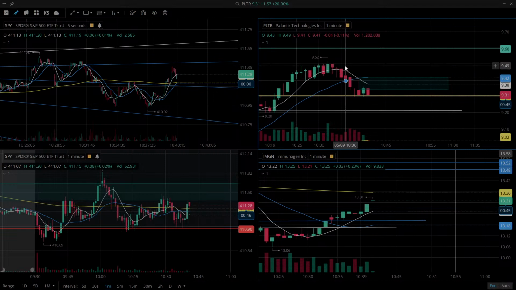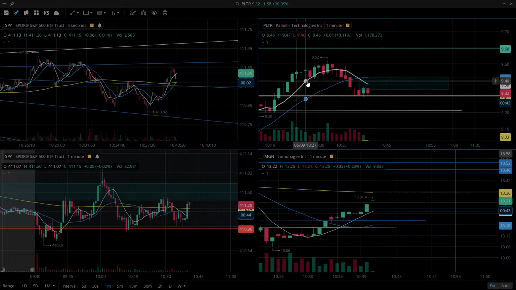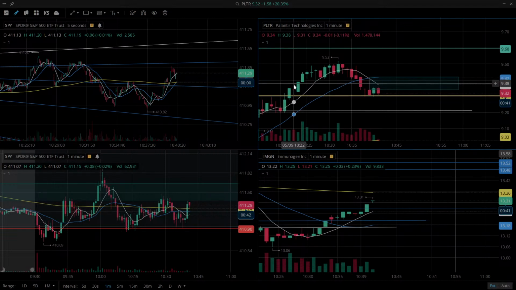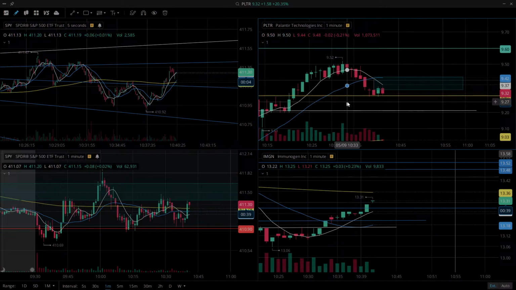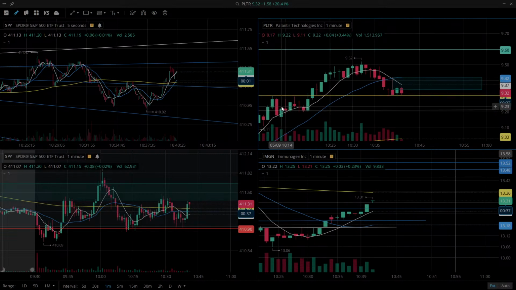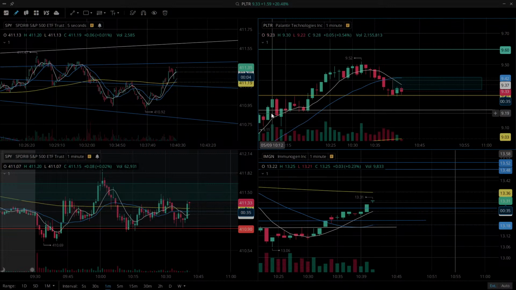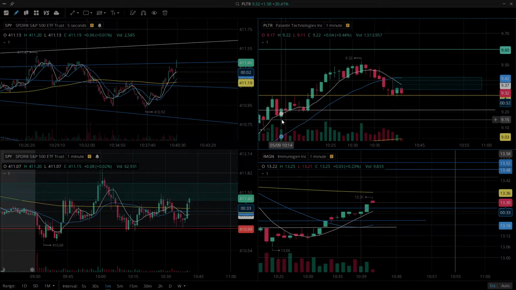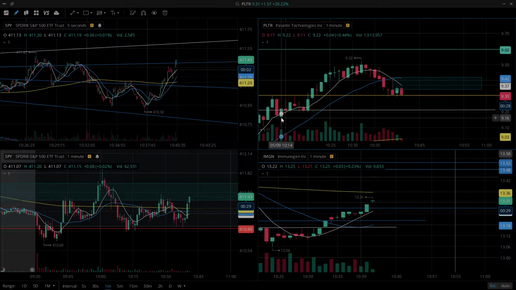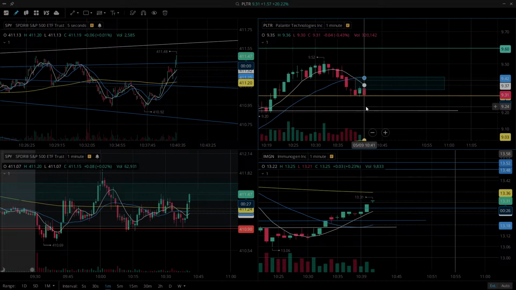You could say the same about this wick, this wick, and this wick. These wicks back here, anytime you see a wick, it is literally just a failed breakout. So a lot of limit orders took over. There were a lot of orders that changed hands very rapidly in that wick.